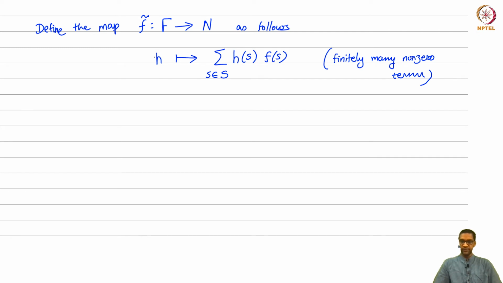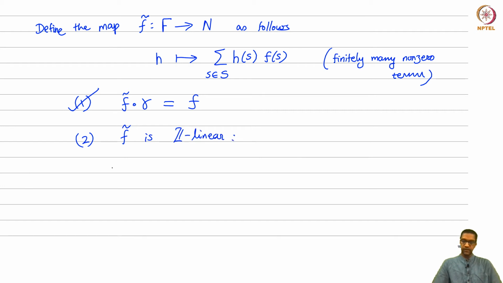Okay, so that's my definition. This particular map certainly makes the diagram commute. In fact, that is how we deduced what this formula should be. The key property to prove is that f tilde is a group homomorphism, in other words, that it is Z-linear.